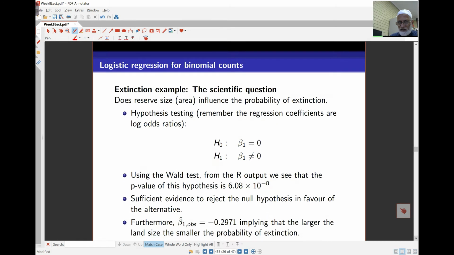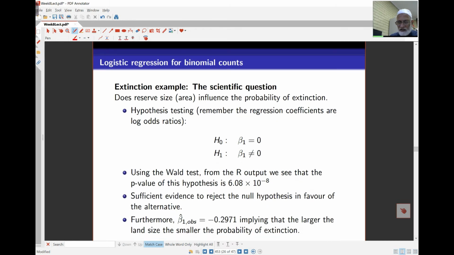The question here is, does the size of the island actually affect the probability of extinction? And that's a simple question altogether, because we've seen that from the output anyway. If we're doing this more formally, we're looking at a hypothesis test for beta 1, the coefficient of log area, as beta 1 equals 0 for the null hypothesis and beta 1 not equal to 0 for the alternative hypothesis.